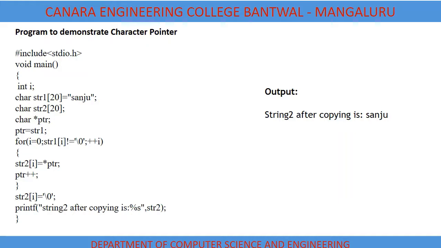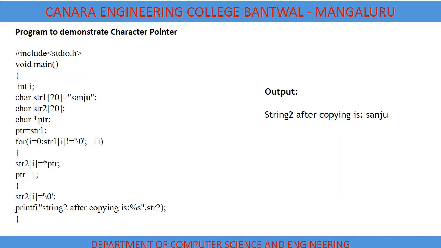Again, the same concept as the array, we are storing the initial address in a pointer variable. So ptr is equal to str1, that will hold the initial address of the character array.